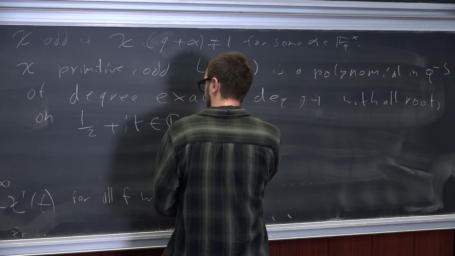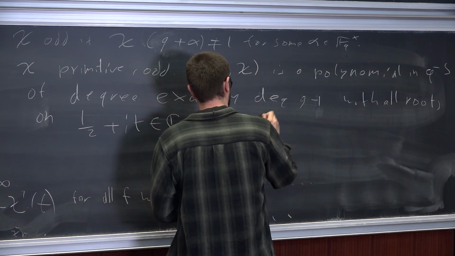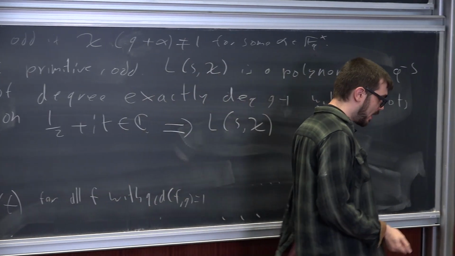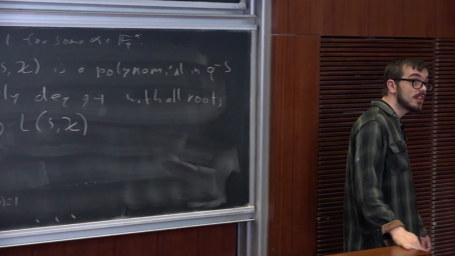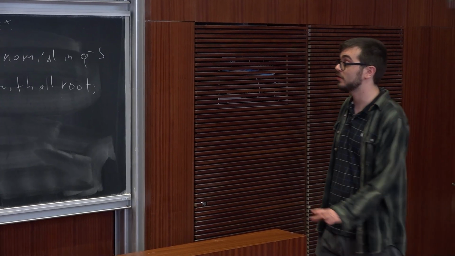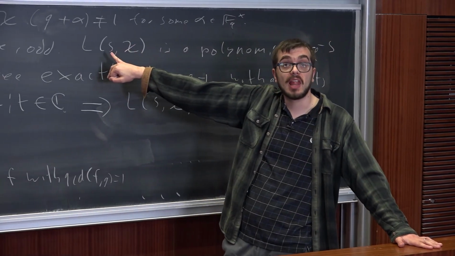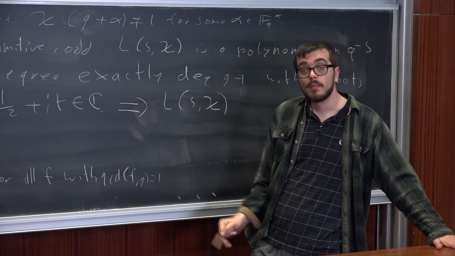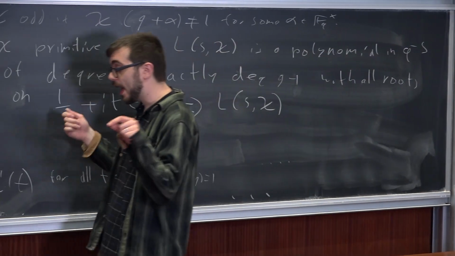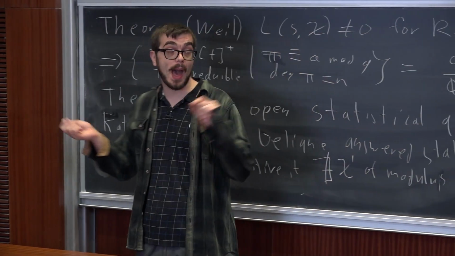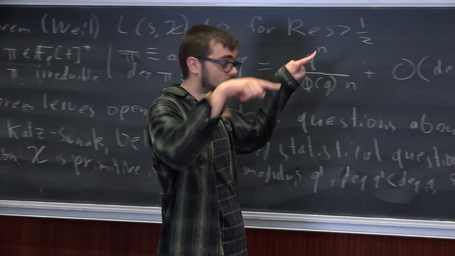And that implies that L(s, chi) can be expressed in terms of the characteristic polynomial of a unitary matrix. Because forcing L(s, chi) to have the roots on the line 1 half plus it means this polynomial has roots on the image of the line 1 half plus it under the map q to the minus s, which is a circle.